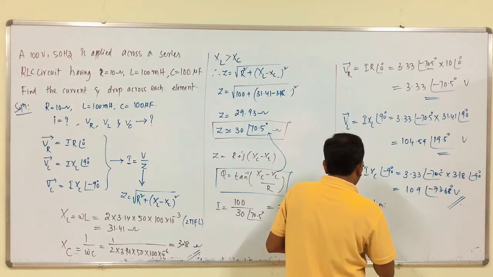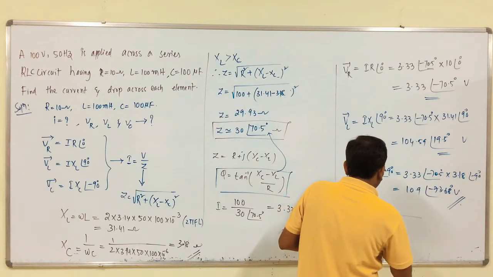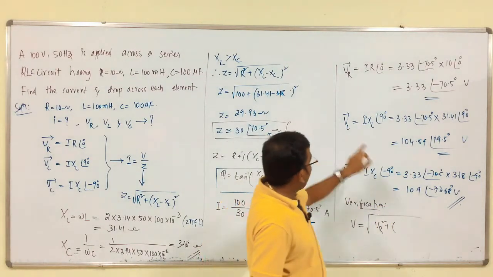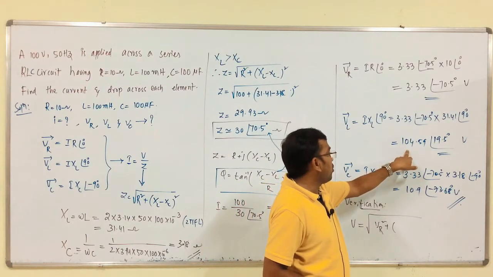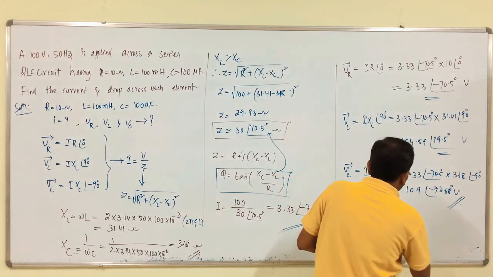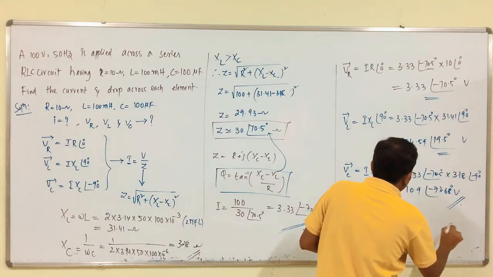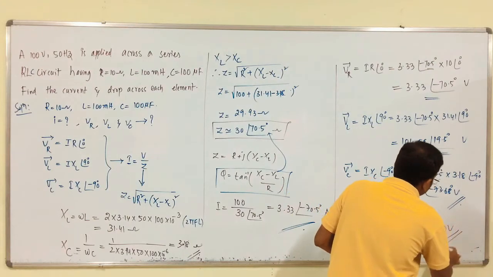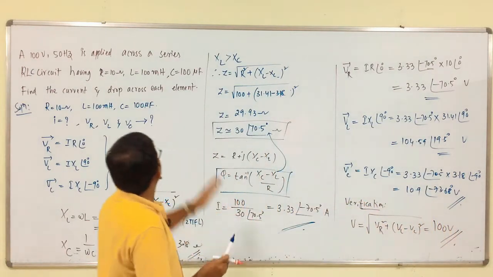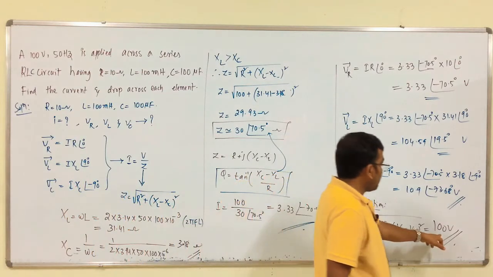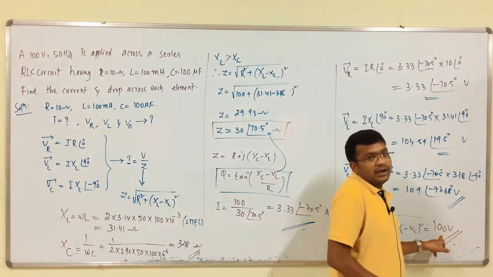The total voltage is nothing but VR square plus, here VL is more or VC is more? VL is more, 104.59 versus 10.9, that is VL minus VC whole square. Finally, we are going to get exactly 100 volts, that is nothing but the supply voltage 100 volts. If you are getting approximately 100 volts, your answer is correct.